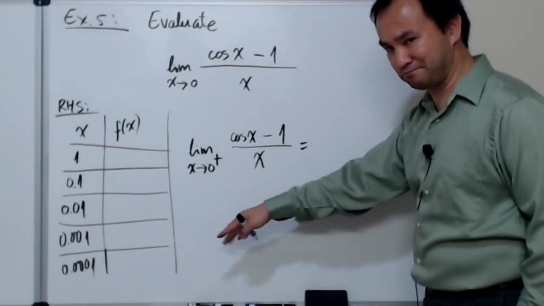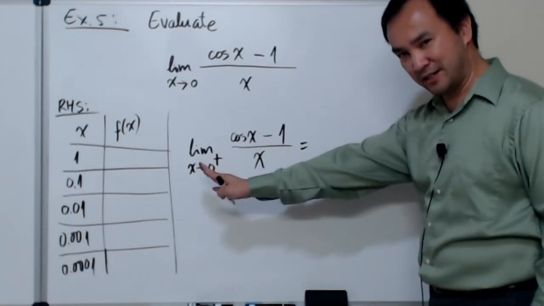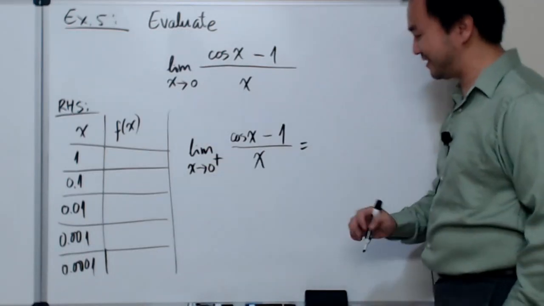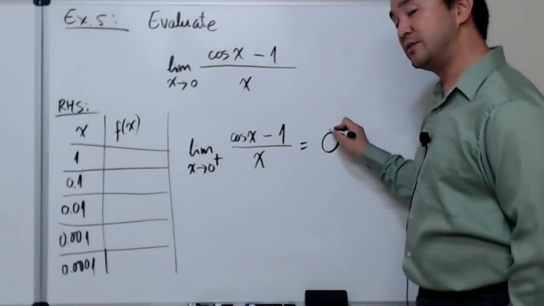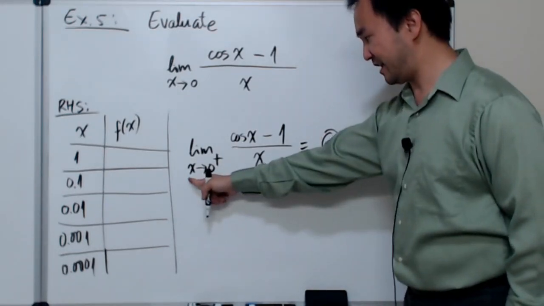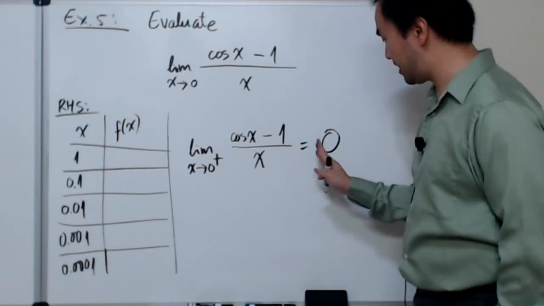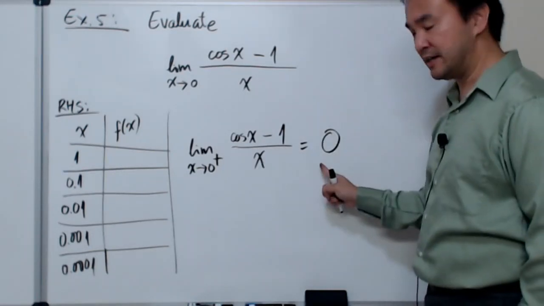I've done these so many years already. So I want viewers to experience this on your own right here. But your observation should come out to agree to be 0 here when you're letting x come close to 0 from the right-hand side. This limit also comes to 0.